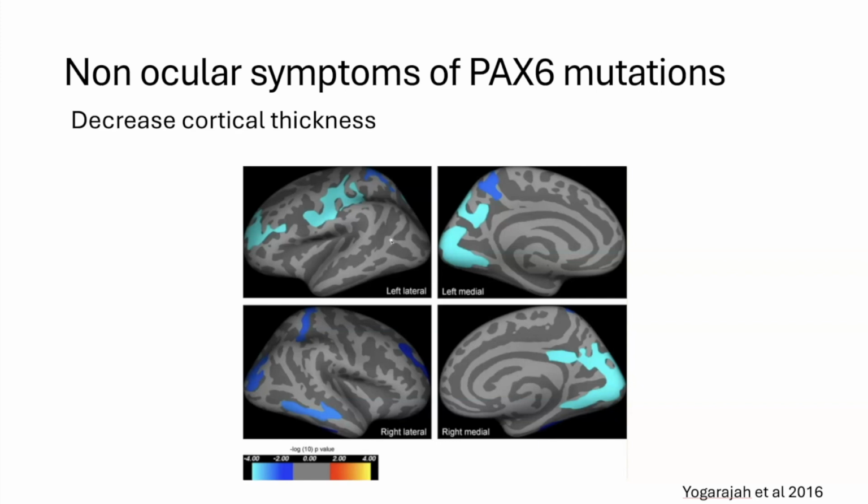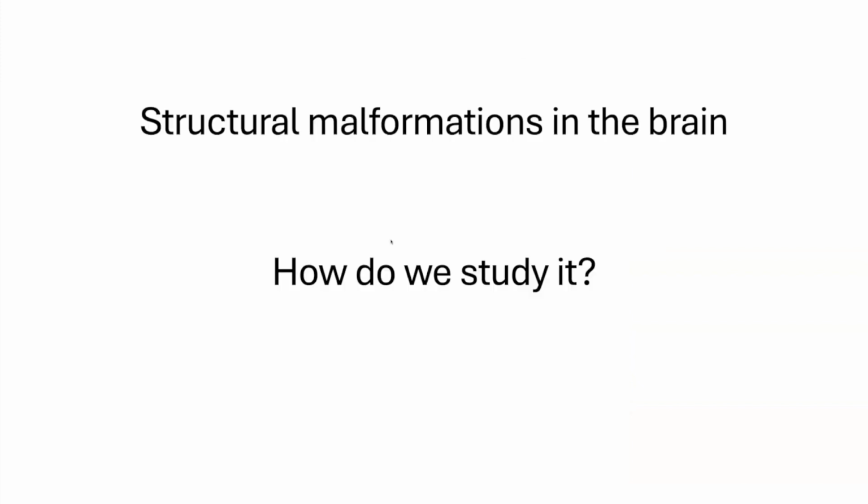It occurs throughout the whole brain. Those are just a few examples because we are short of time. Mainly what I'm trying to highlight here is that there are structural malformations in the brain if you lose one copy of PAX6. And how do we study this in the lab here in Edinburgh Uni?